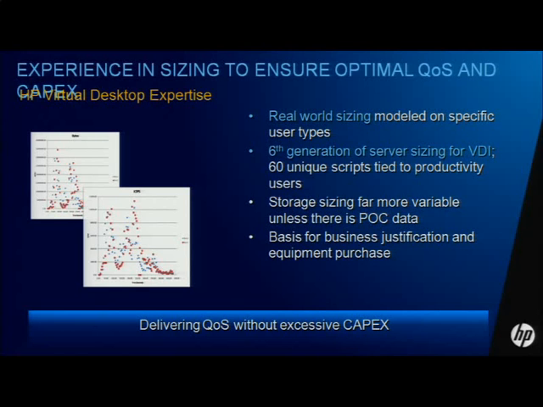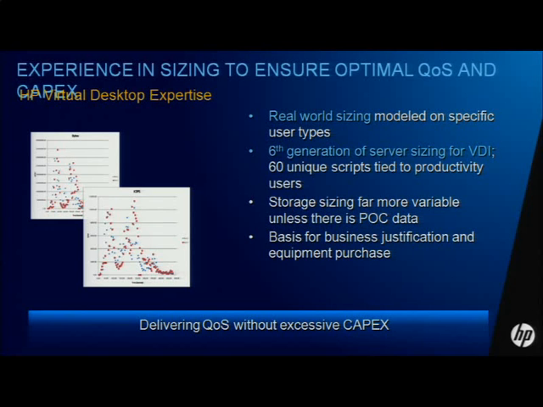Over time, we've developed a bunch of test scripts, and it's a two-part operation. You have to do the sizing for your server, and then you do the sizing for your storage. Storage is much more difficult, by the way. Basically, we've defined three user types. A task worker runs a couple of applications, Microsoft Office and Internet Explorer.